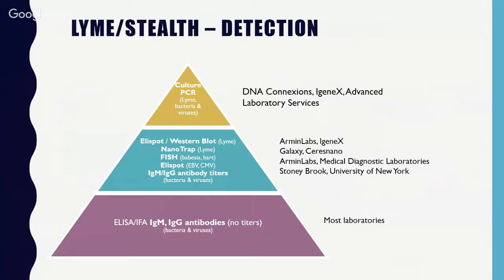Yeah, absolutely. First and foremost, let's make it very clear that the current science and the current availability of Lyme testing is really not adequate to say without any doubt whether you have Lyme disease or not, simply based on a Lyme test.